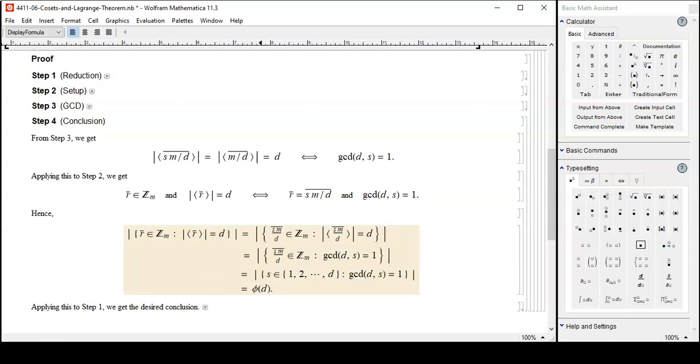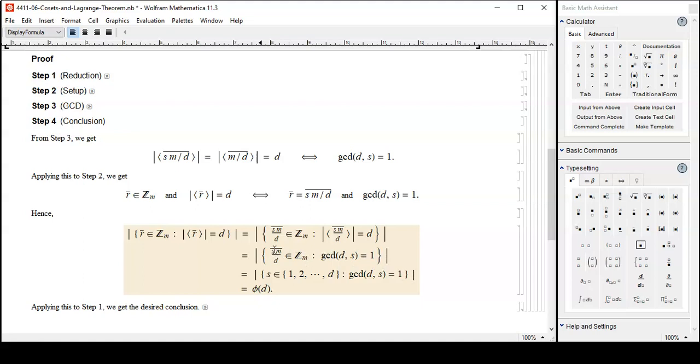Okay, the alignment is back. So the cardinality: this r bar has order d, can be rewritten as r bar is Sm over d bar, and that has order d. And that can be rewritten as Sm over d bar, which is the same as r bar, and GCD is 1. And then, okay, this is not the same set, but the same cardinality.